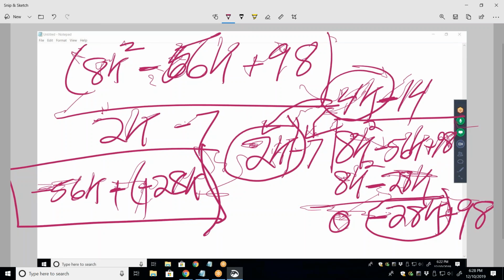Now multiply again. Negative 14 times both of these terms. Negative 28k. And then what's minus 14 times minus 7?